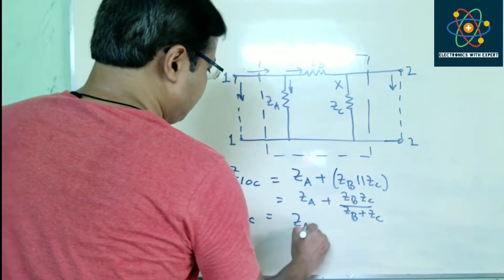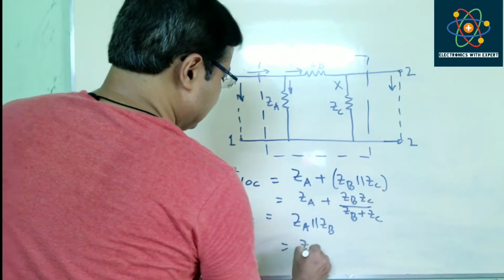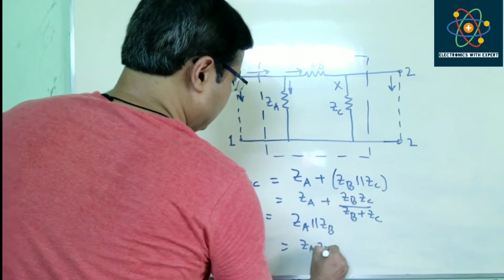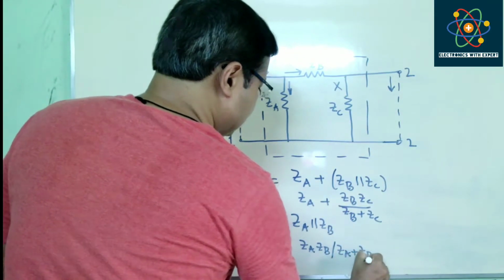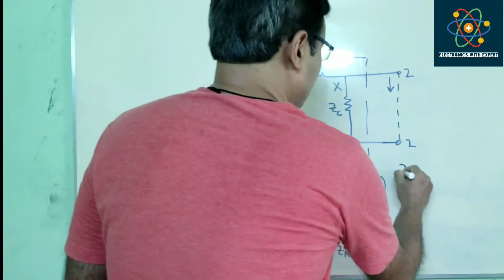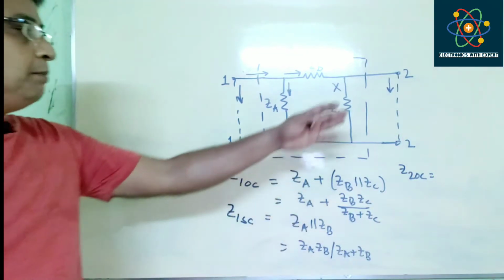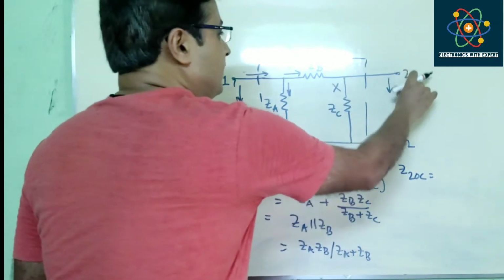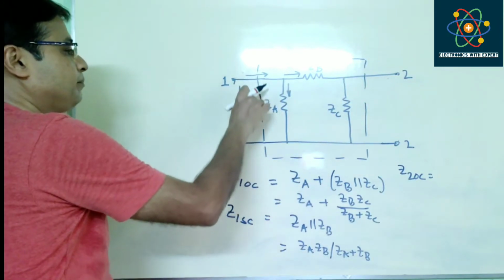So ZA parallel to ZB makes ZA ZB divided by ZA plus ZB. So this is our Z1SC. Now consider Z2OC. Z2OC means we are measuring impedance along the 2, 2 terminals while making the 1, 1 terminals open.